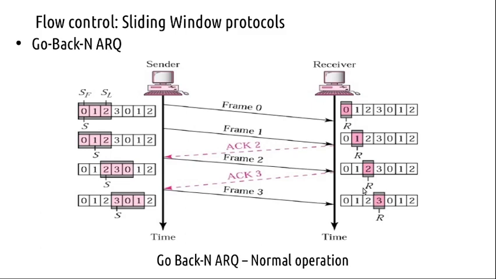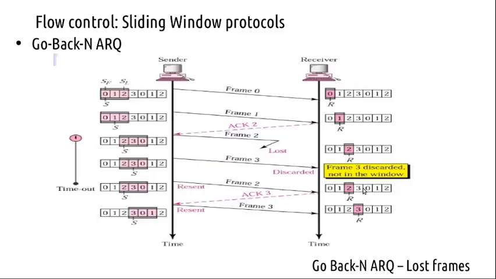And what happens is that if by any chance there is a lost frame or lost acknowledgement, in all those situations, you can go back to retransmitting the entire n frames. That is what go back n is.